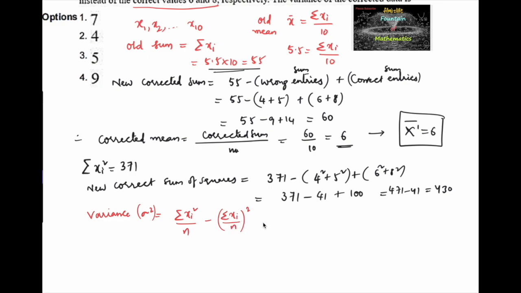So the variance of the corrected data is the new summation of xi square, 430, divided by the number of observations, 10, minus summation xi by n, which is nothing but the mean. The corrected mean is 6, so we write 6 square, which is equal to 43 minus 36, which is equal to 7. So 7 is the answer, which is our option A.